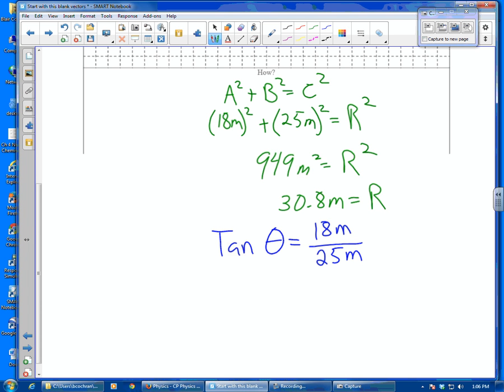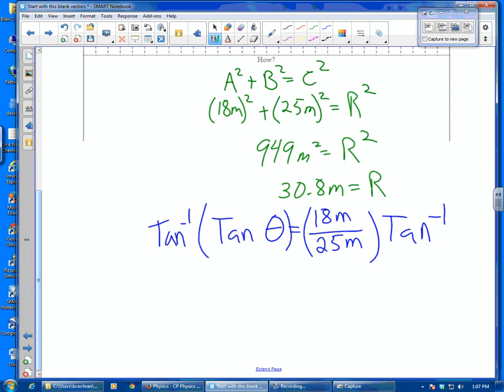Now, the problem is I don't really care what tangent of theta is. I want theta. And remember, mathematically, to get something by itself, you have to do the inverse function, the reverse function. So on each side, to this side I'm going to do tan to the -1, which is arctan or inverse tan. To this side I'm going to do tan to the -1.